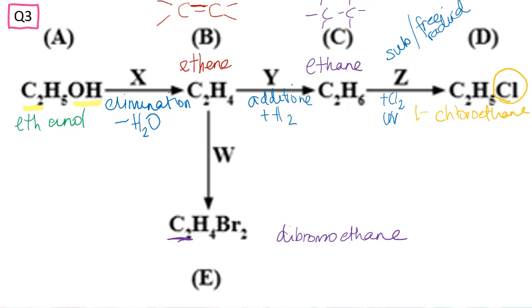And my answer for that comes if I go first and look at reaction W here. So to get from an ethene to the dibromoethane that we've got, that's going to be an addition reaction. So an addition reaction across that double bond.